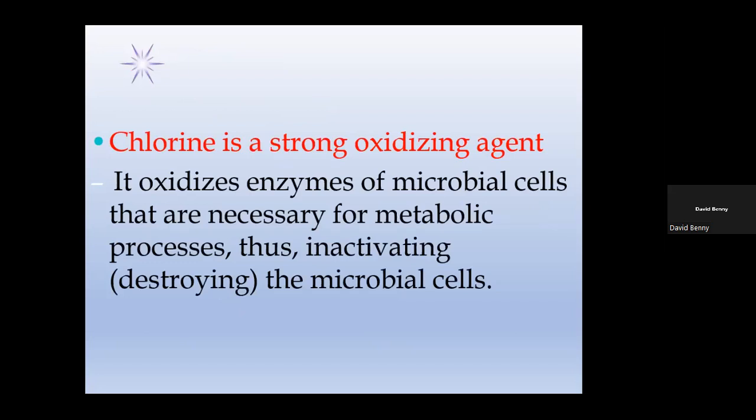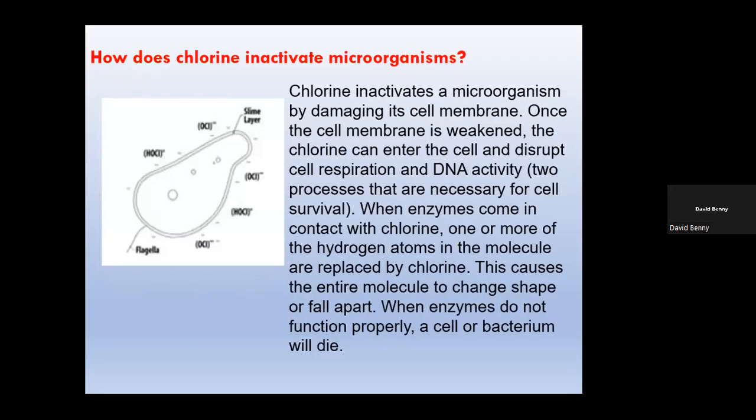Why chlorine? It is a strong oxidizing agent. It oxidizes the enzymes of the microbial cells that are necessary for the processes of the cells, the living processes, therefore it inactivates the cells. And it is by this principle, because people ask, how does chlorine work? Chlorine inactivates microbes by damaging the membrane. Once the cell is weakened, the chlorine enters the cell and stops the respiration.